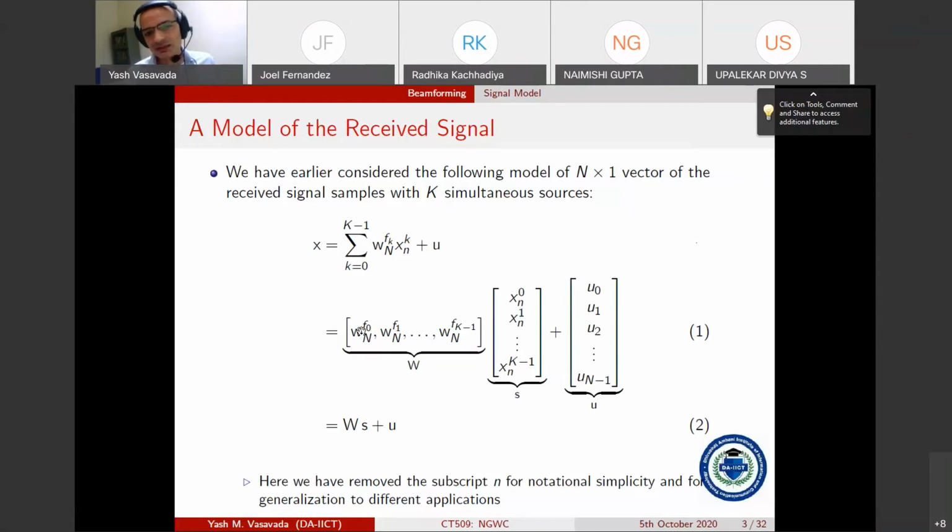And so then this W for 8-array PSK will be 16 cross 2. S will be 2 cross 1. But there will be 8 such S vectors for 8-array PSK because there are 8 symbols. Is it fine?